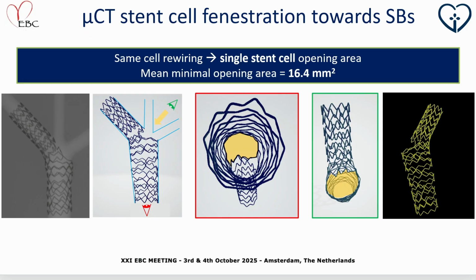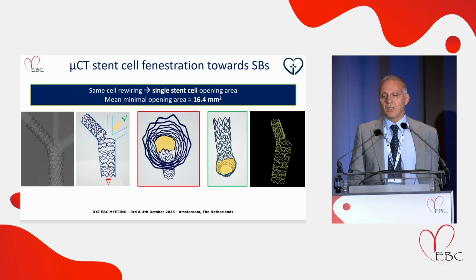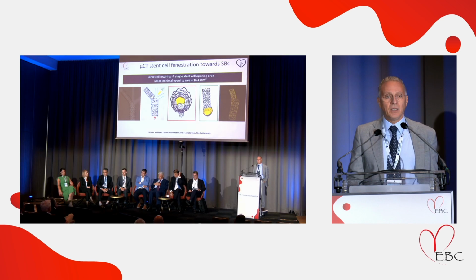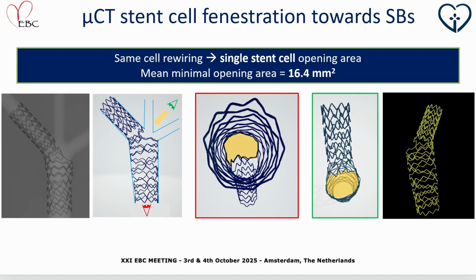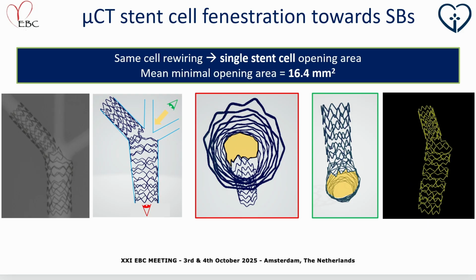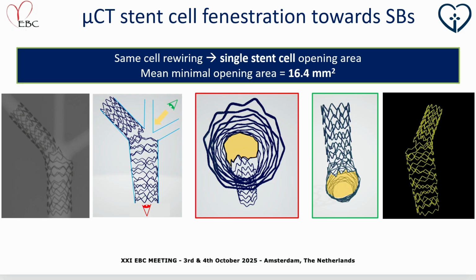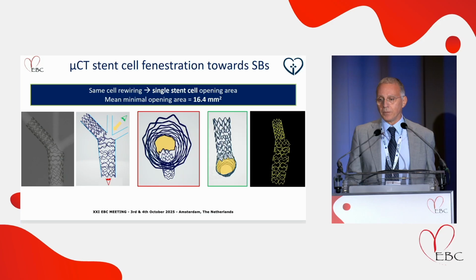So if we rewire through the same distal cell, we will be able to scaffold the stent, having this big hole that gives access to both branches. There is, as a side effect, that into the distality of the polygon of confluence, there is less coverage of the vessel wall.